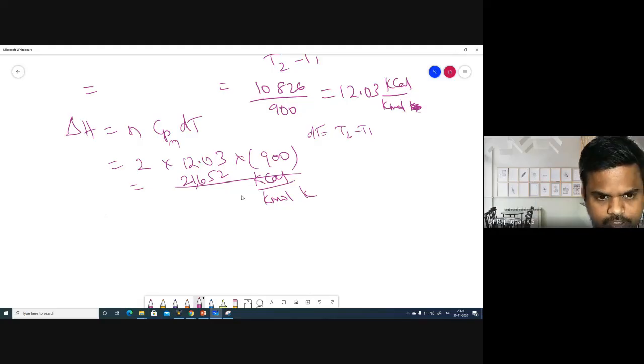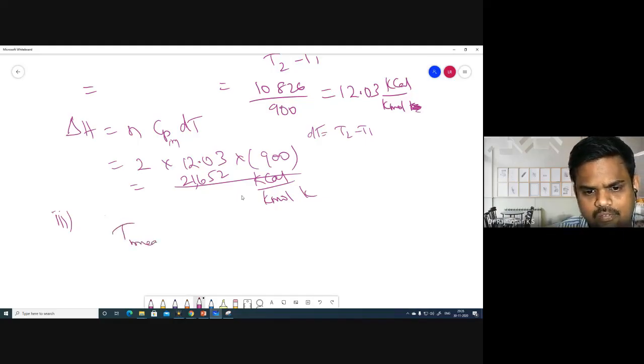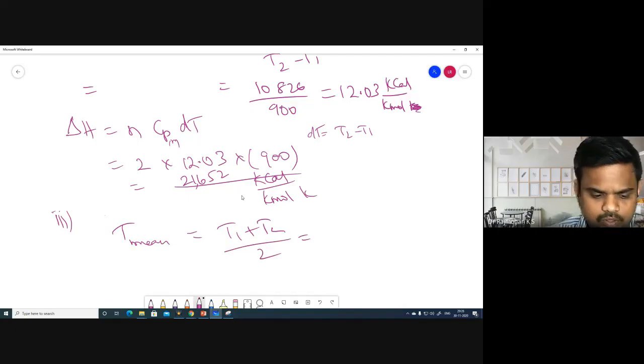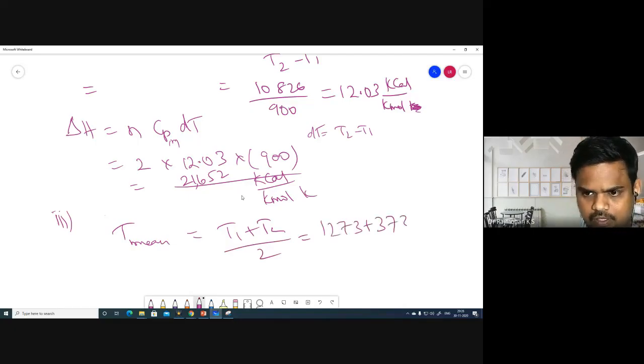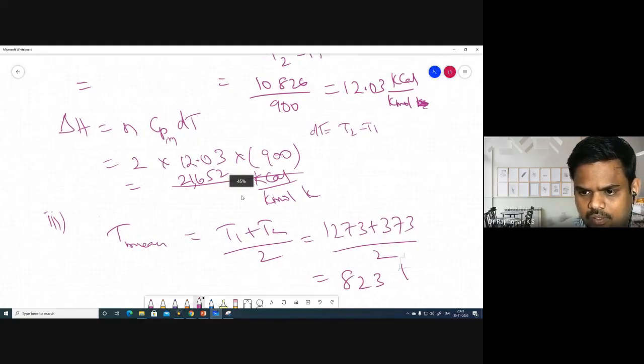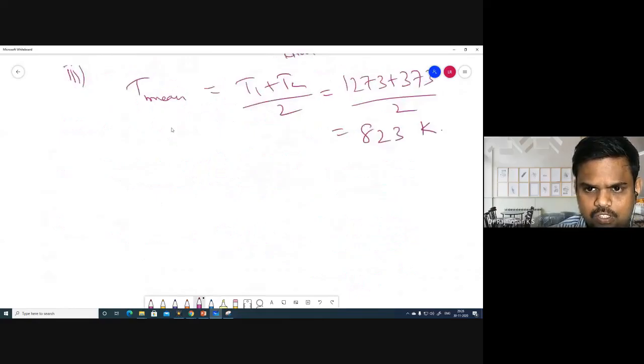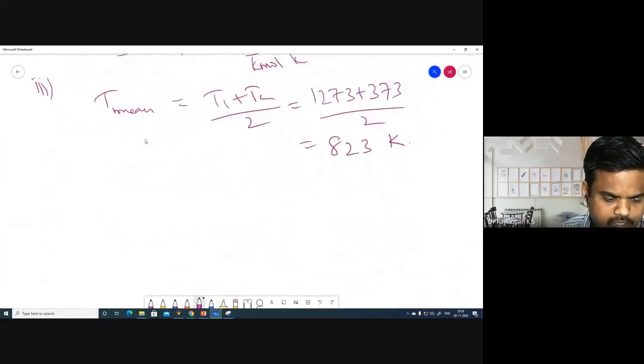Now the third method is calculating the T mean value, which is T1 plus T2 by 2. How much? 1273 plus 373 by 2 is 823 Kelvin. Using this T mean value, you can determine the Cp.